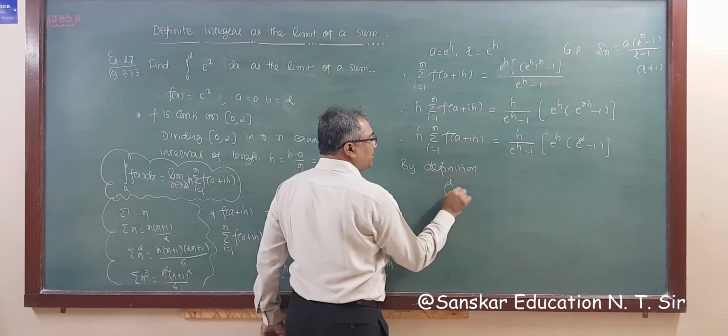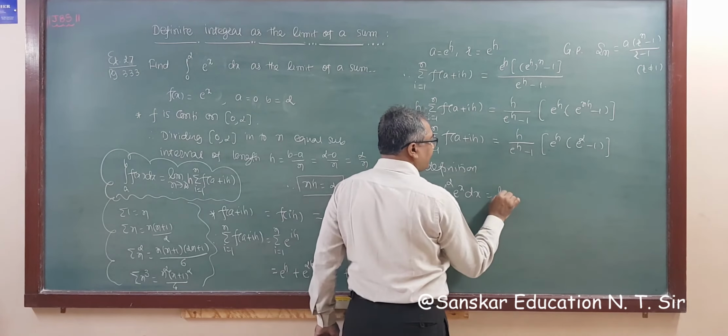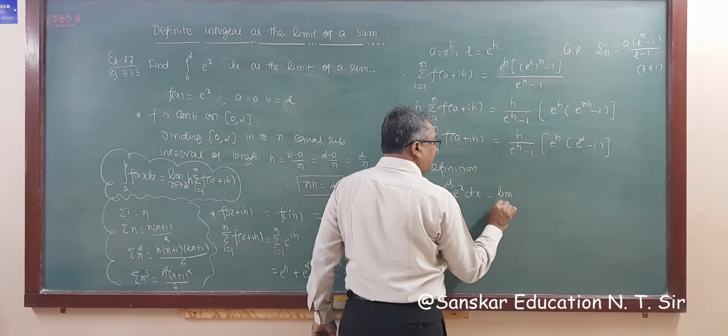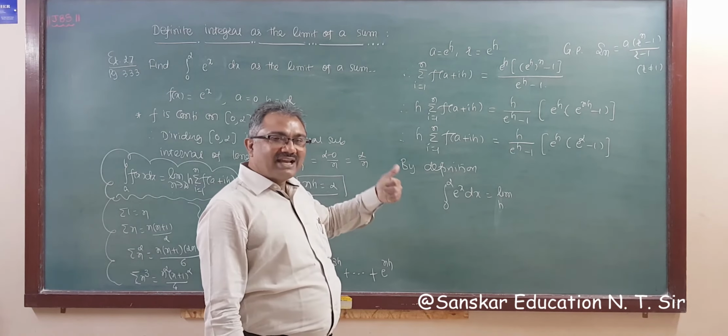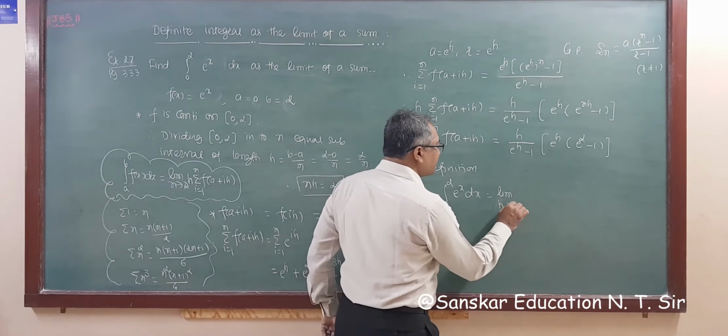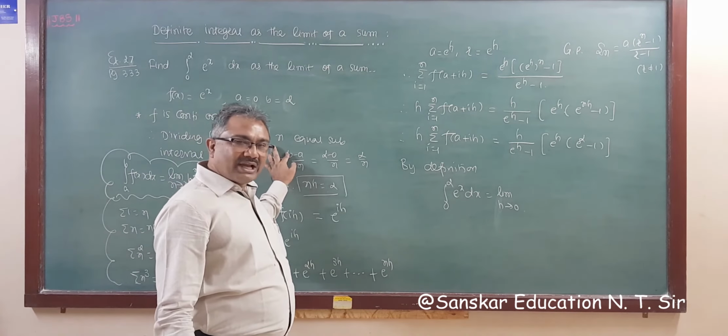integration 0 to 2 e raised to x dx is equal to limit n tends to infinity, but this is an exponential function, so where there is no n, there is h, so we are taking h tends to 0, because as n tends to infinity, 1 upon n is 0, so 0 into h, b minus a, so h is 0.